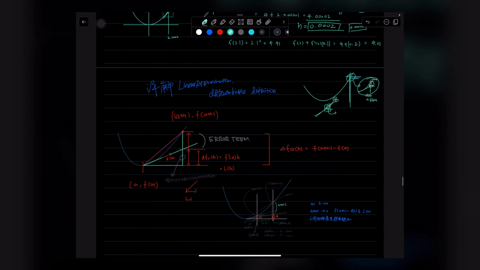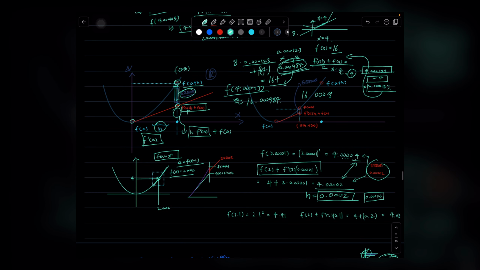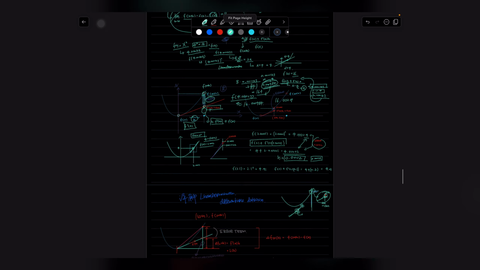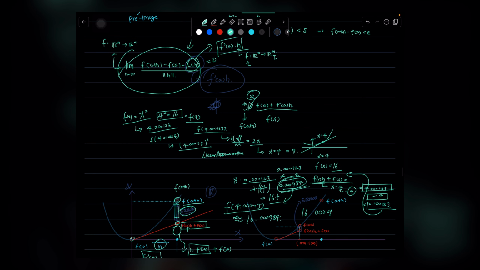So even though they are still different, the difference is small enough. So this is my interpretation of the linear approximation.